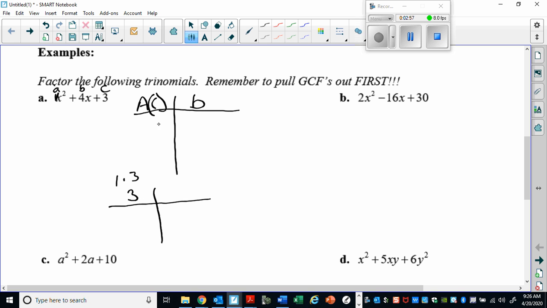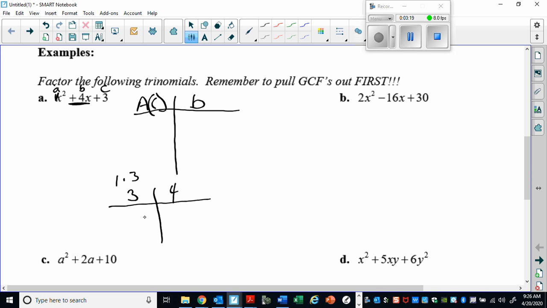This is very important. Always create a T-chart, do A times C, and give the product here. Then just simply take the term B. You have to take the sign in front. So that's going to be 4. Now, what you're doing here is seeing two things. This side is multiplication, this side is addition.